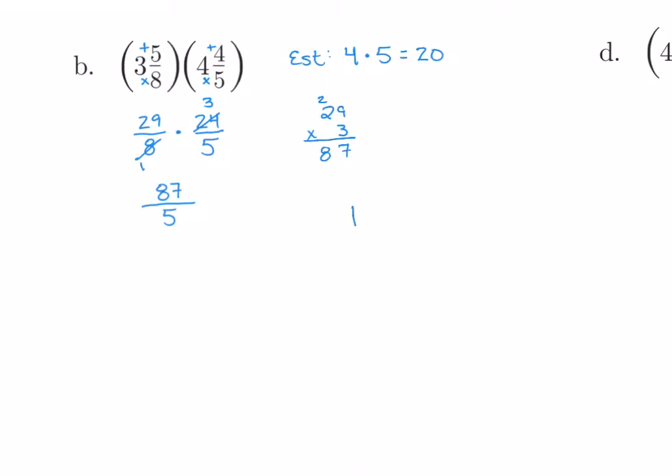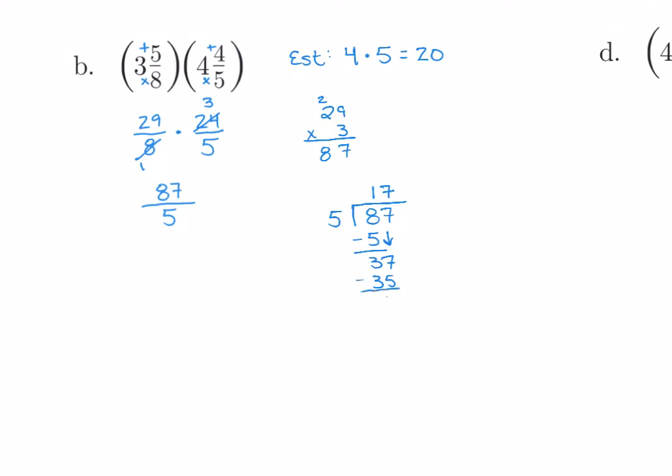All right, let's go ahead and convert this back to a mixed number using long division. 5 goes into 8 one time. 1 times 5 is 5. Subtract, we get 3. We bring down our 7, and 5 goes into 37 7 times. 7 times 5 is 35.